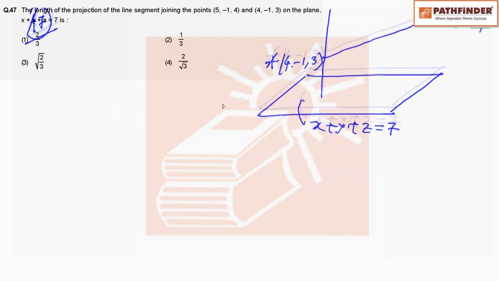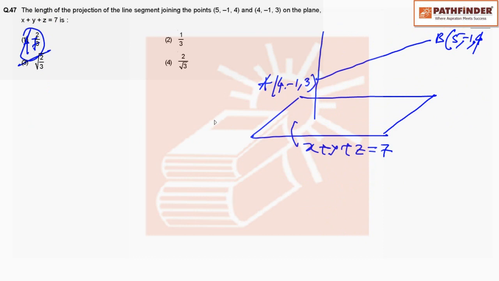Now what happened? Now I have to correct this thing. 5 comma minus 1 comma 4 is the point, and this is 4 minus 1 comma 3. So you can say AC, this is A, this is C. AC means the component of AB along this common perpendicular.